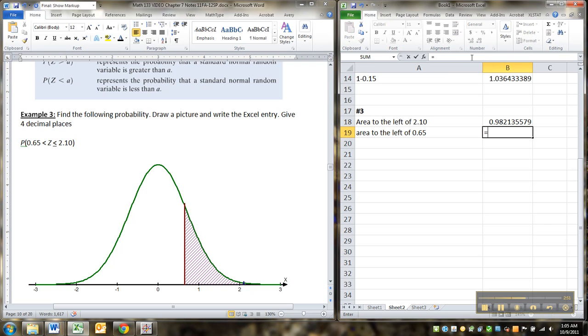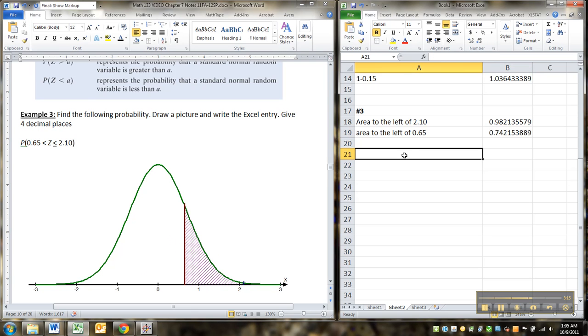Now that would be equal to norm dist, and again the dot thing might not exist if you're working off of Excel 2007 or earlier, but it'll be the same type of function. So you take 0.65, comma 0, comma 1, comma true. All right, and that is the white area right here. That's 0.742.